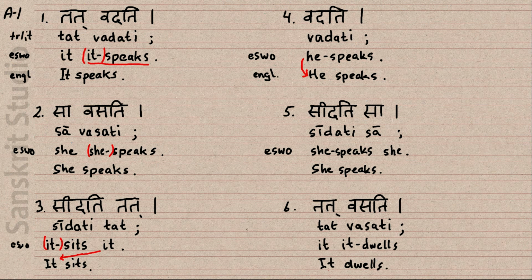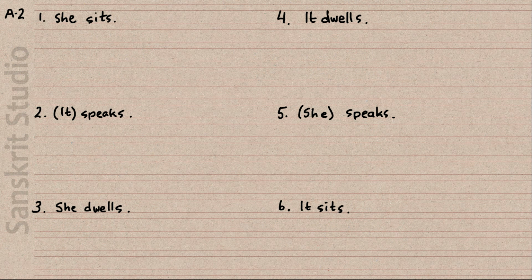Okay, let's go on to our A2 exercise sheet. Goes there, and here we are doing English to Sanskrit instead. So she sits. And here then, when we're going this way, our SWO line is the first line under the assignment that we are going to translate.